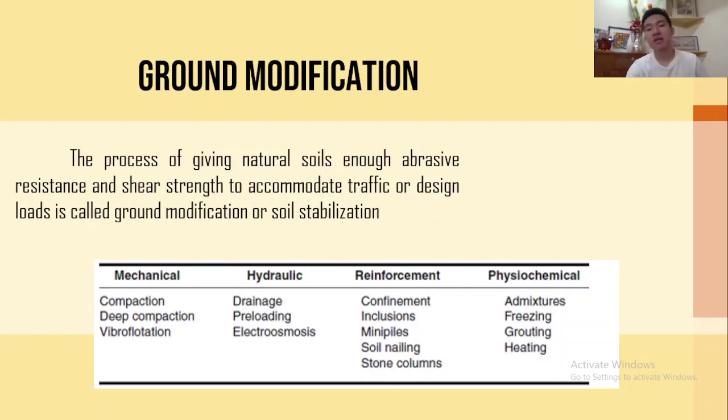Methods available in this table include mechanical methods, hydraulic methods, reinforcement methods, and physiochemical methods. So the compaction process falls under these methods below. As you can see, compaction falls under a mechanical method.